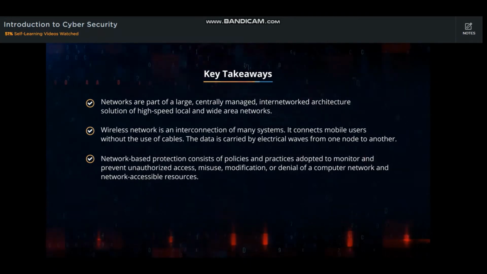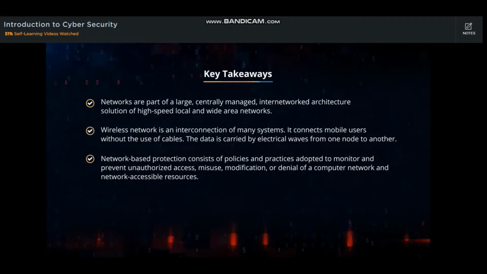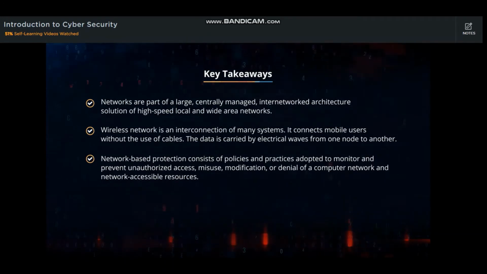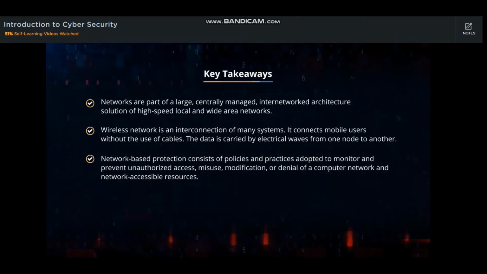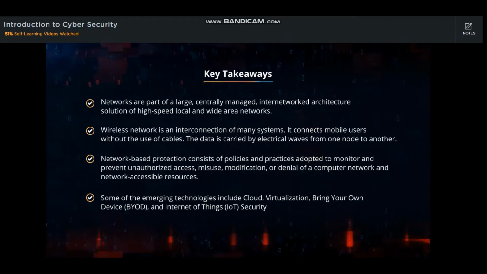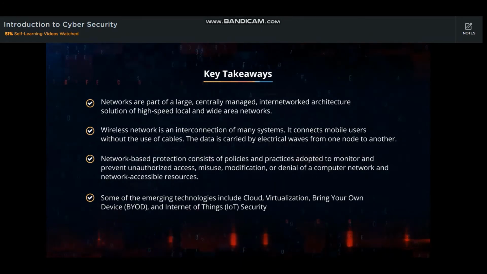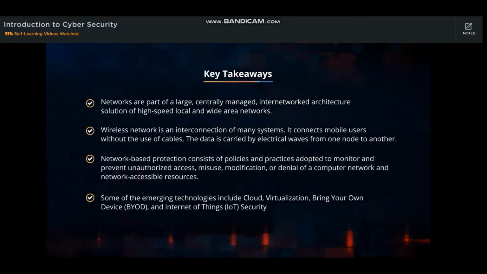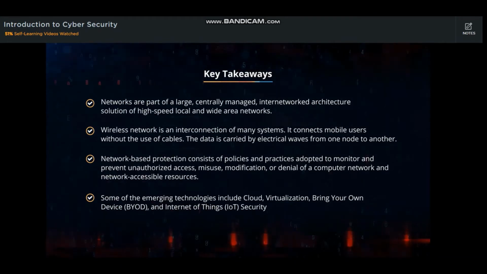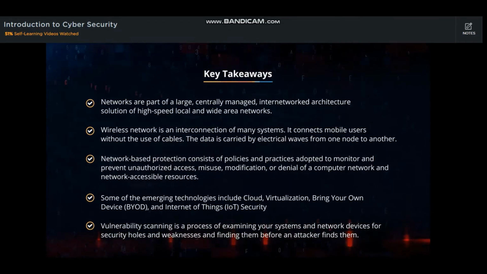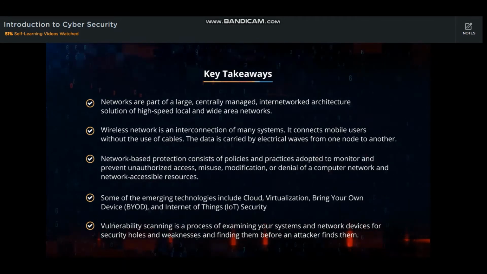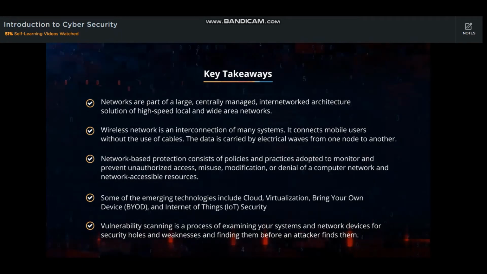Network-based protection consists of policies and practices adopted to prevent and monitor unauthorized access, misuse, modification, or denial of a computer network and network accessible resources. Some of the emerging technologies include cloud, virtualization, BYOD or bring your own device, and IoT or Internet of Things security. And vulnerability scanning is a process of examining your systems and network devices for gaps, weaknesses, and issues and finding them before a potential attacker does.